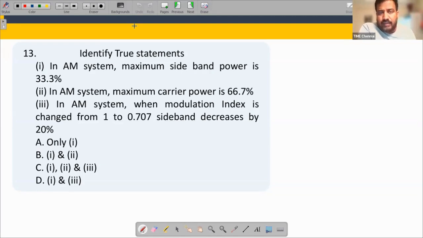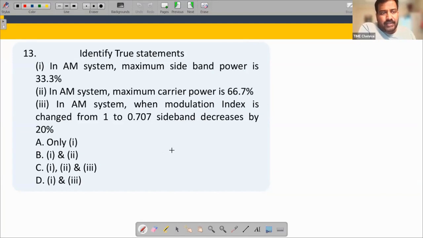Okay, we'll try to analyze. What is your answer? Type again. Okay. You're saying option B. Option B is nothing but identify the true statements. 1 and 2 are true, you are saying.